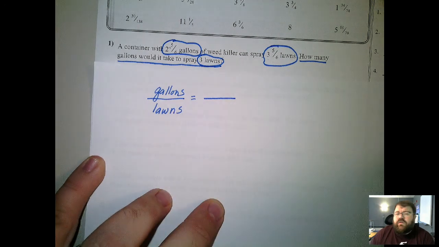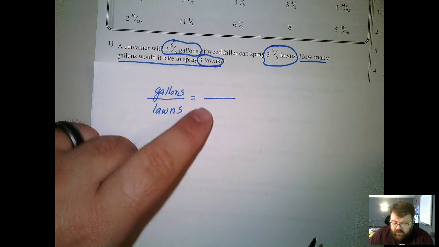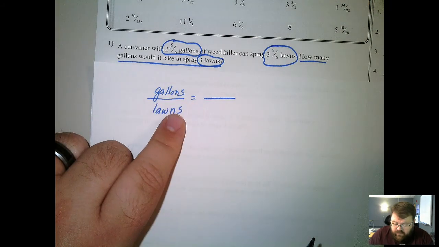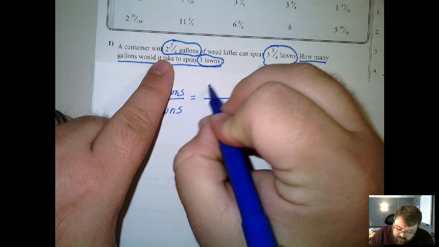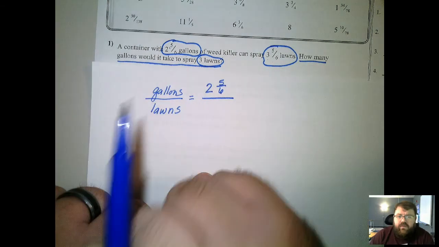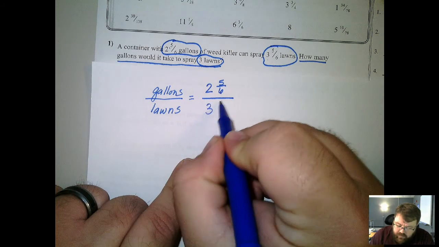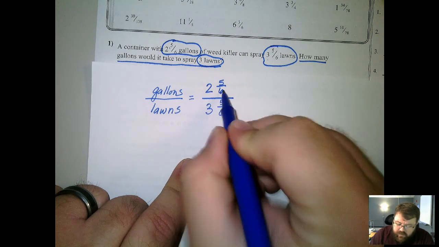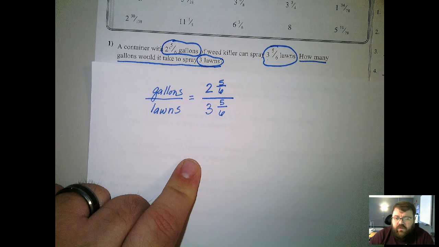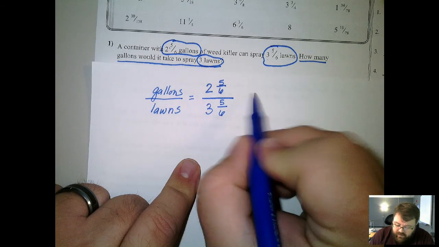Now you want to go to your given ratio. Your given ratio is where it compares gallons and lawns. So you have 2 5/6, and you have 3 5/6. This is called a complex fraction because you have a fraction over a fraction. We'll talk about it here in just a second.